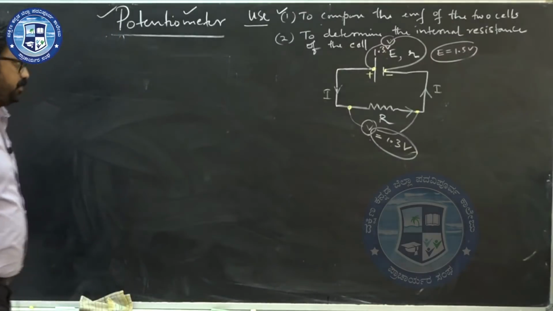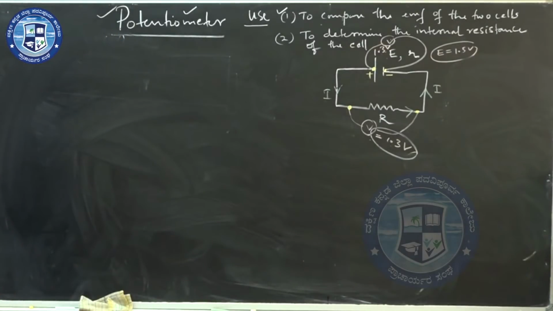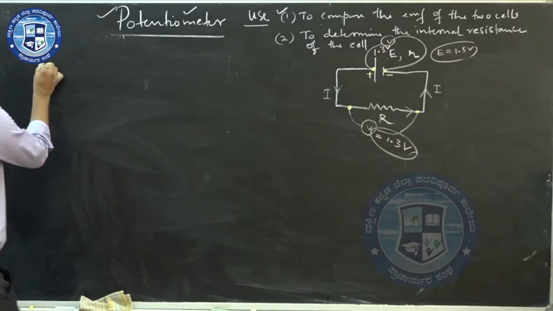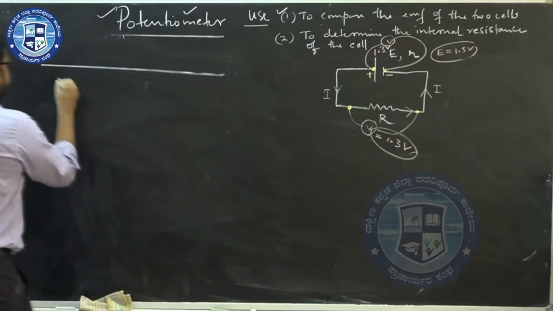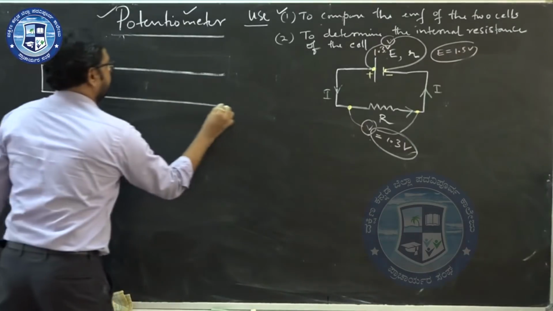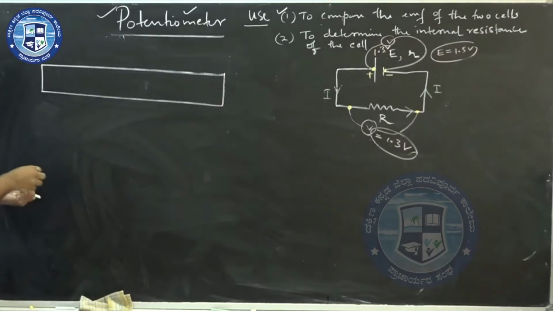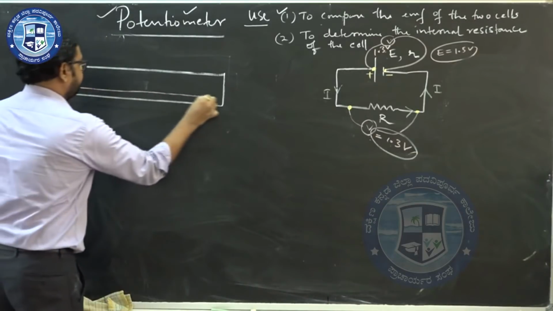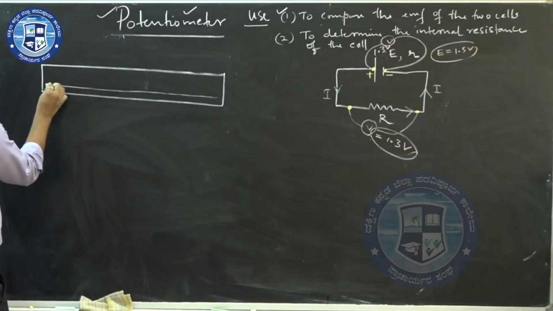We'll start with the first experiment. Compare the EMF of the two cells. No change in the potentiometer. It is the same wooden frame. There are two terminals.